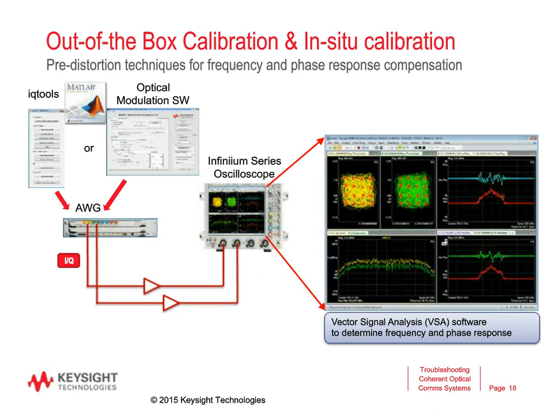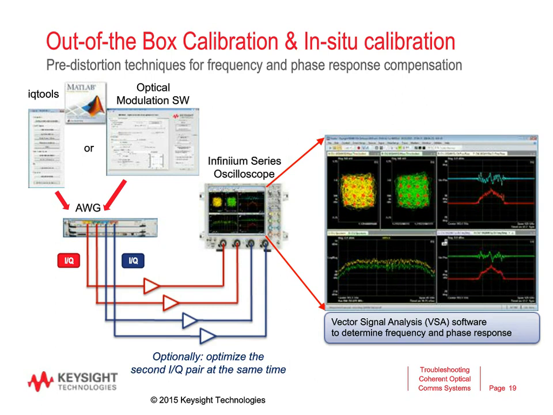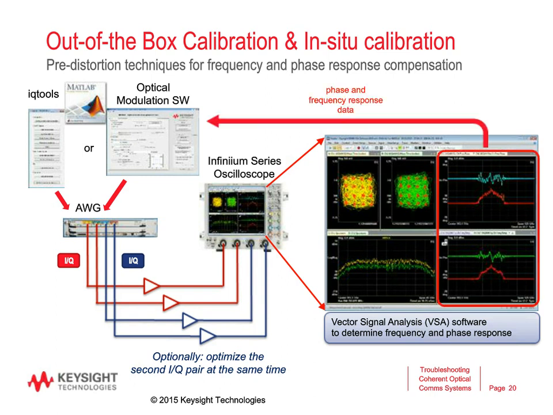I could also extend my setup to do the second polarization or the second pair of signals, IQ pairs at the same time, getting me to the 2 constellations here. And now I'm using a function of the VSA software that allows us to run an adaptive equalizer on the signal that is able to measure the phase and frequency response of the signal.